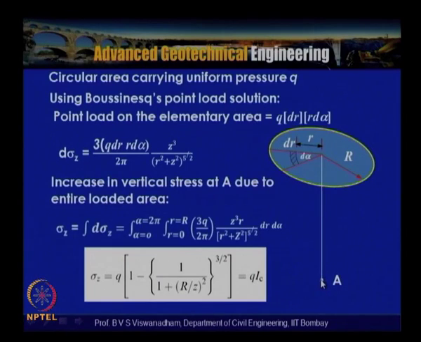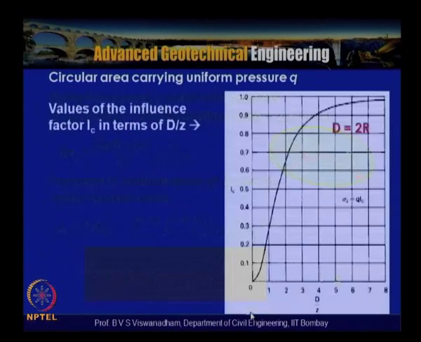So sigma z is equal to q into 1 minus 1 by (1 plus (r by z) whole square) to the power 3 by 2, that is q into IC, where IC is nothing but the influence factor for the circular loaded area. We can also get this by using charts. Here the circular area carries uniform pressure, and the chart is given in terms of d by z, where d is equal to 2r, and IC, the influence factor.